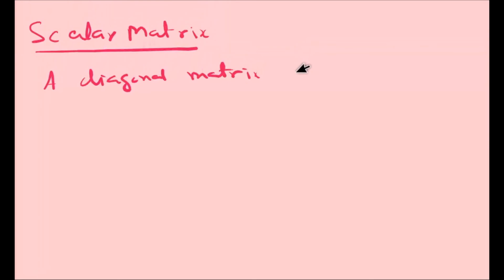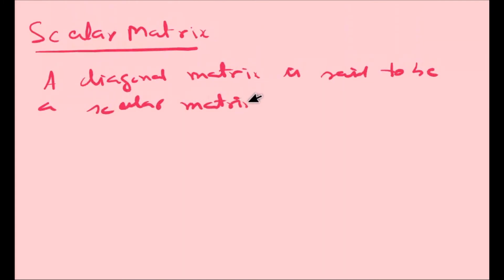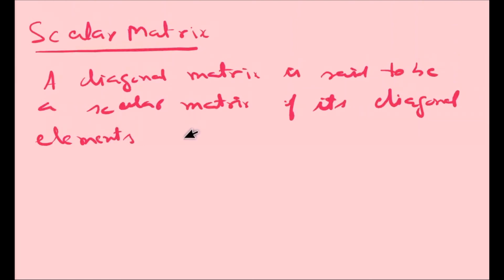It should be remembered. A diagonal matrix is said to be a scalar matrix if its diagonal elements are equal.